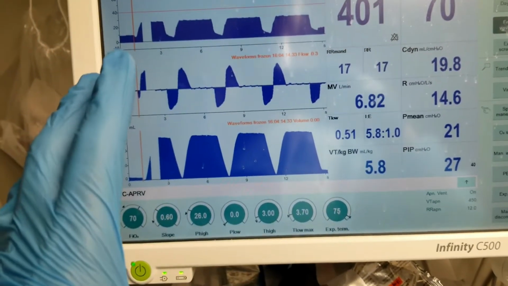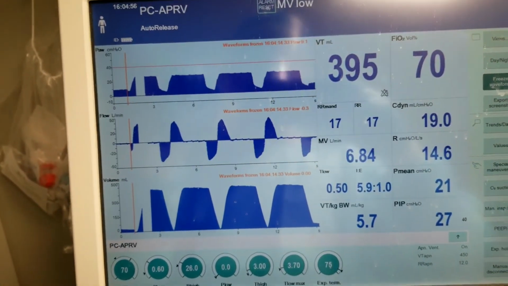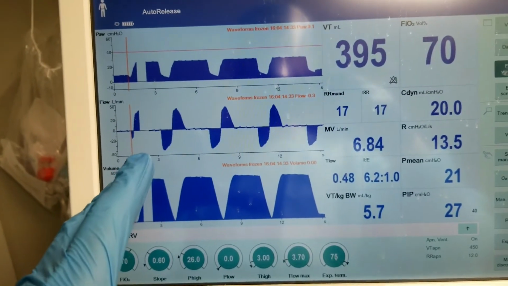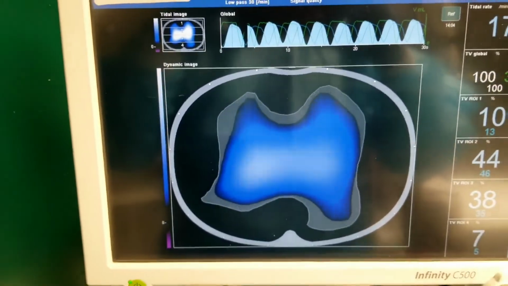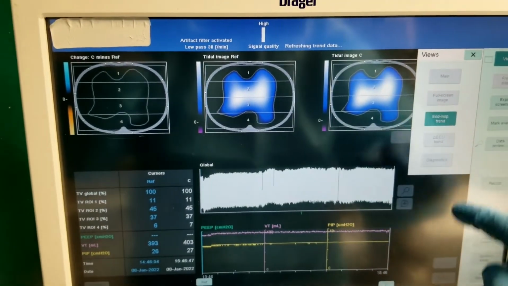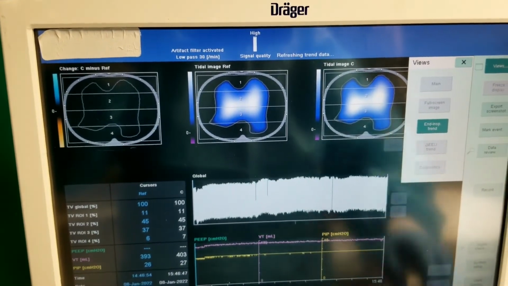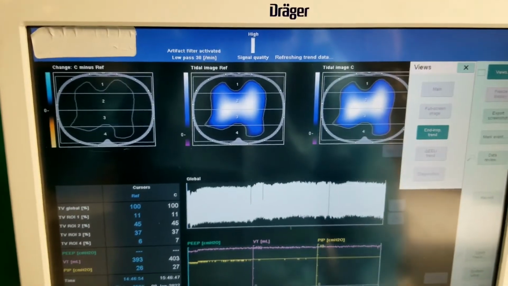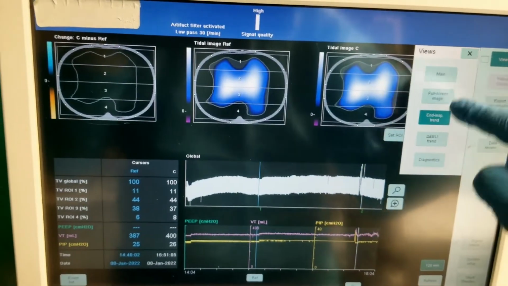So that's the way, using APRV, more specifically time-controlled adaptive ventilation, and then guiding every single step with the PulmoVista, with the end inspiratory trends, with the end expiratory lung impedance, doing a diagnostic custom analysis, looking at regional compliance areas.